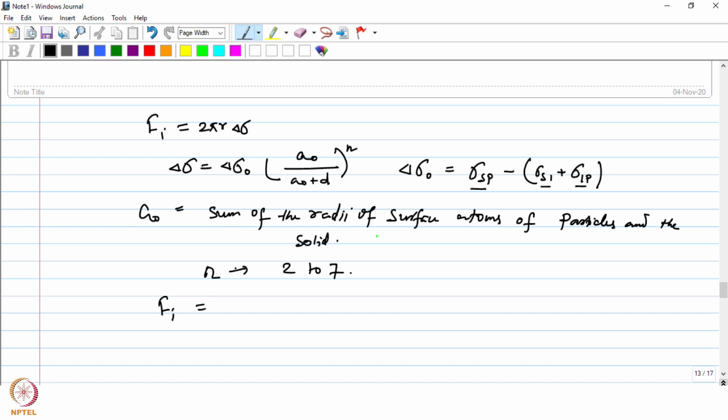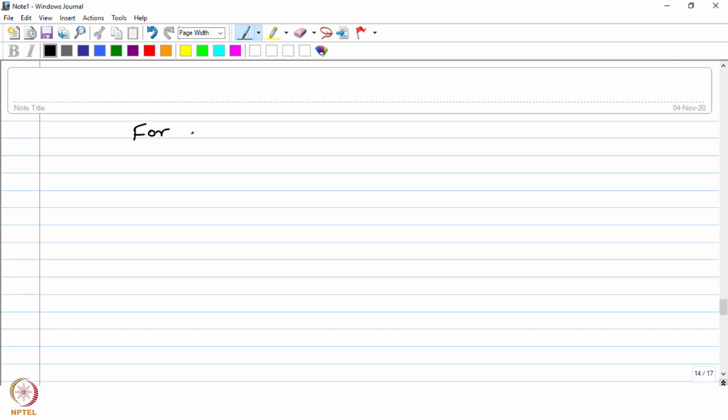If we replace delta sigma in terms of this particular expression, and for a non-planar interface, the alpha term has to be included into that equation. So Fi in that case will be given by this particular expression.